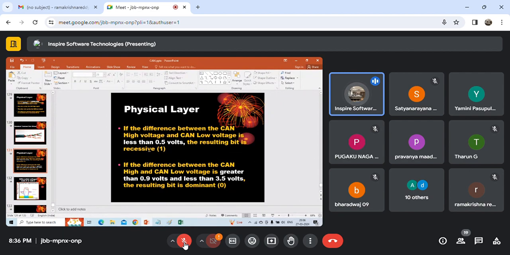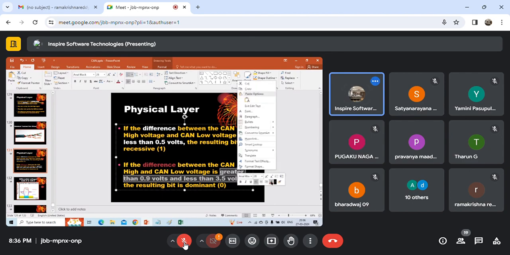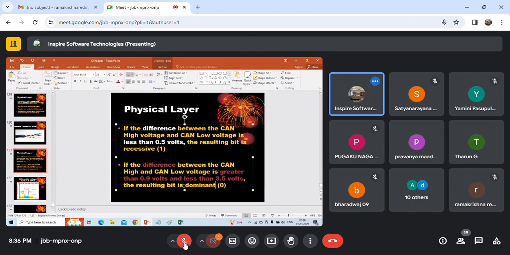In order to say it is recessive, the difference should be less than 0.5 volts. And for a dominant bit, it should be greater than 0.9 and less than 3.5. How much is the current voltage now? 0.7. So does 0.7 come in recessive or dominant?